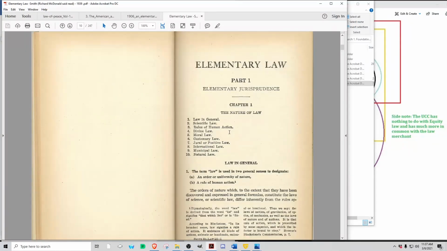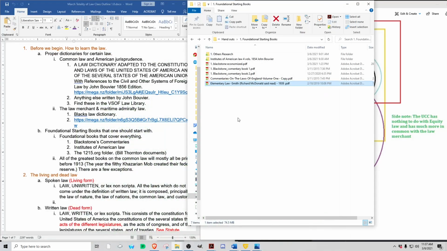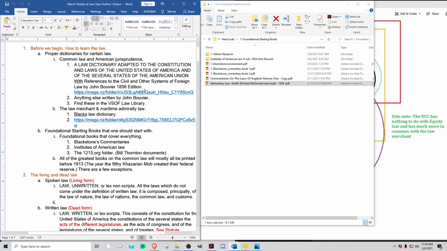So this is another very, very good one. If you were going to sit down and read 2 books, just 2, and go through them completely, and take every single word that you do not know the meaning of and look it up in Bouvier's Law Dictionary as you're reading them, it should be this book, The Elementary Law, Smith, and Blackstone's Commentaries.